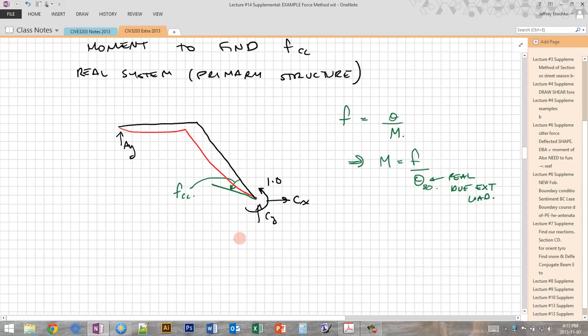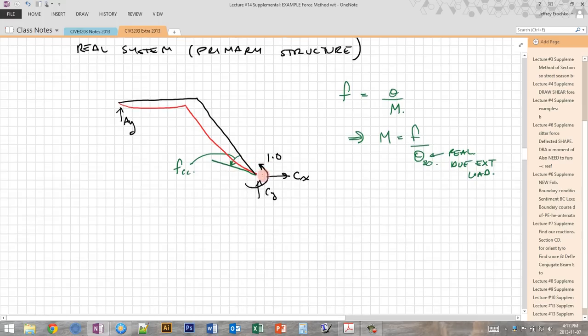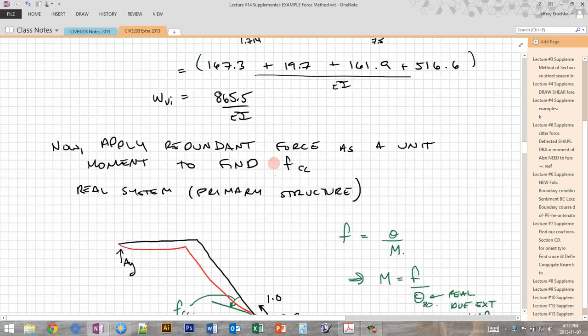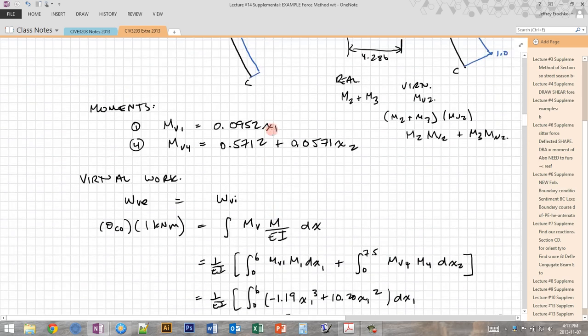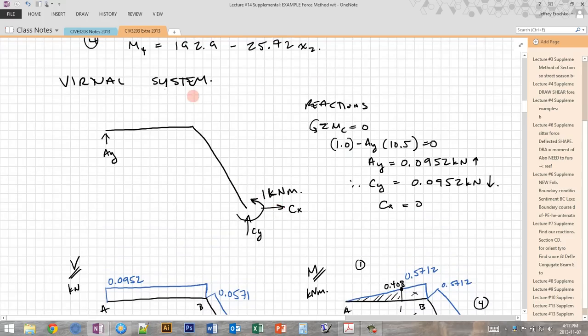So we now have our real system for finding the flexibility due to the redundant. And you might notice that this system looks very familiar because we just dealt with an identical system, which was the virtual system that we used to find the rotation due to the external load.